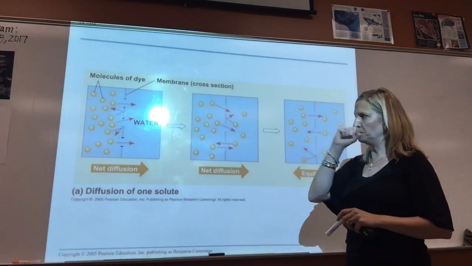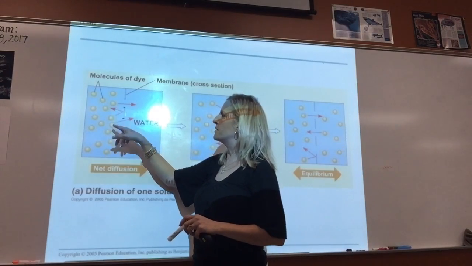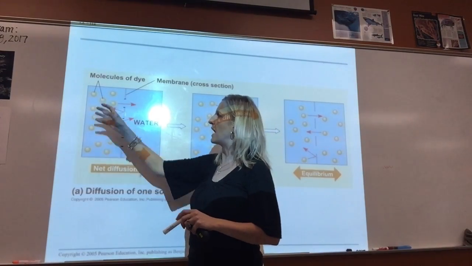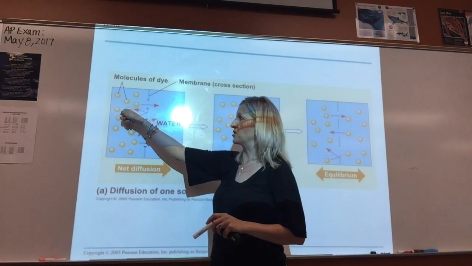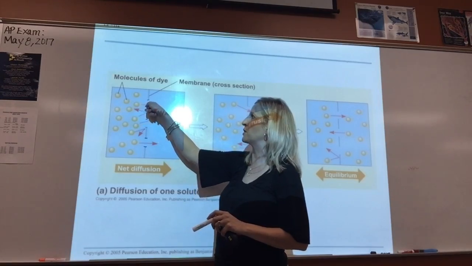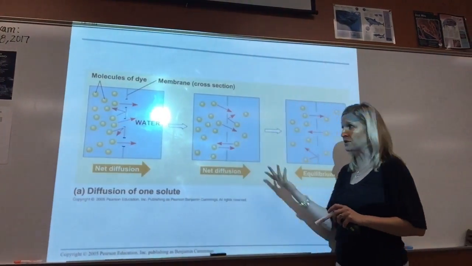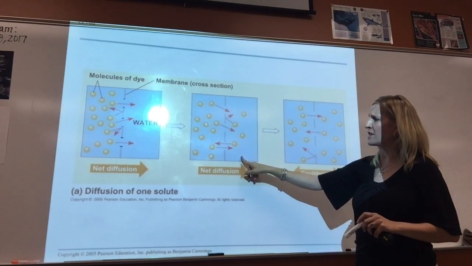And so what happens is if we're looking at just the movement of the dye, the dye molecules have a kinetic energy. They're moving, they're bouncing around. Some of them may hit the membrane and ricochet off, but if some randomly hit that pore and they're small enough to go through, they'll go to the other side. And that's what we see here. So now you have some molecules of dye on the other side.